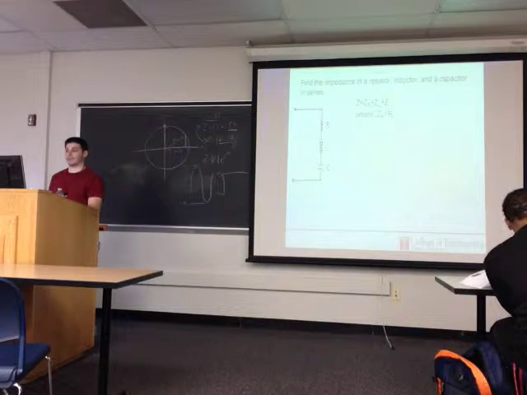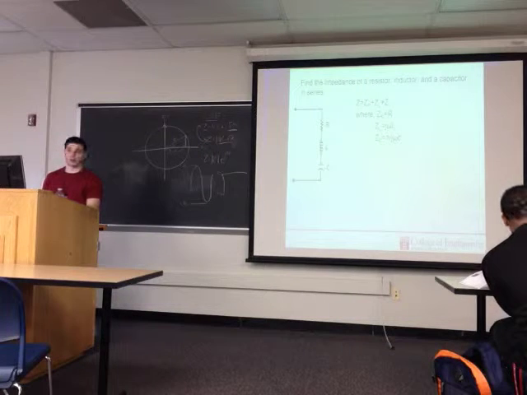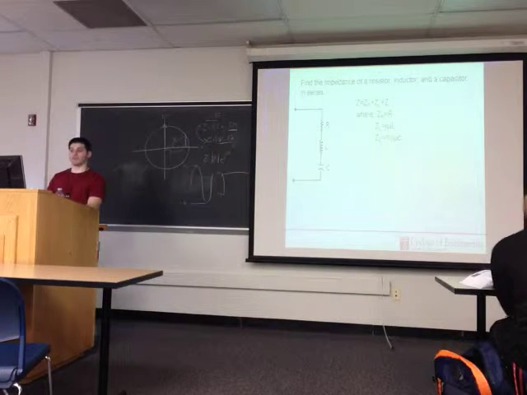Where ZR is the impedance in the resistor, and Z of L is equal to J omega L, and the capacitance is 1 over J omega C. So these are the three equations that we would use.